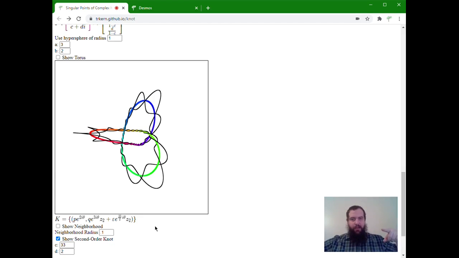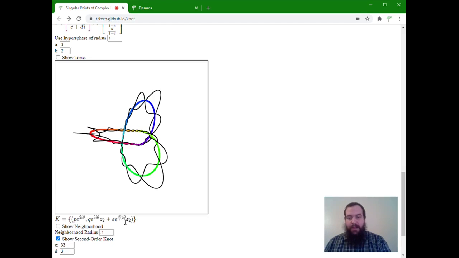If we have two pieces of the knot that go near each other, we don't want their spirally bits to collide with each other or somehow get knotted with each other in a way that we don't want. So it's important to pick epsilon to be small. It doesn't have to be super small. We're going to do epsilon times e to the, in this case, 33 halves, because we want it to spiral around 33 times every time it spirals around twice.